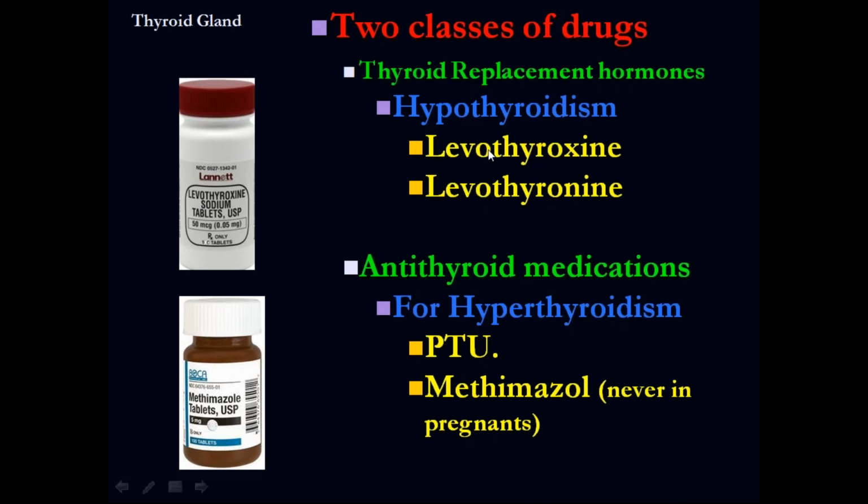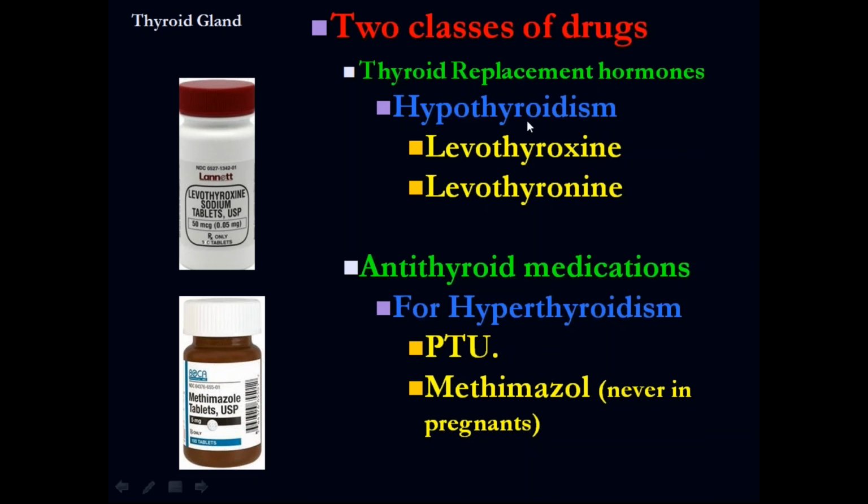It's similar to the thyroxine that we produce, but it lasts longer. That's why this medication can be taken once a day, every 24 hours.